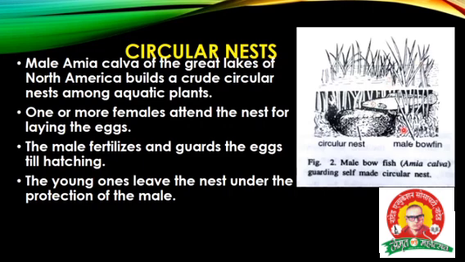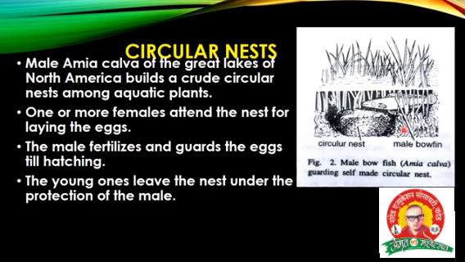One or more females attend the nest. Then the male fertilizes and guards the eggs till hatching. That is guarding, protection, or parental care.